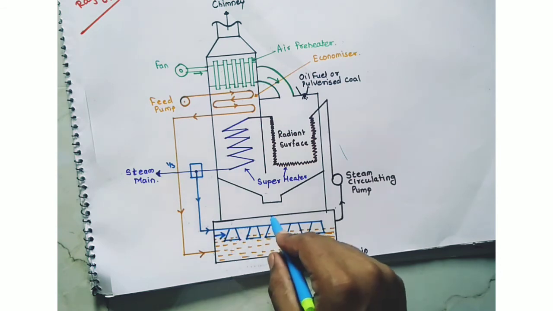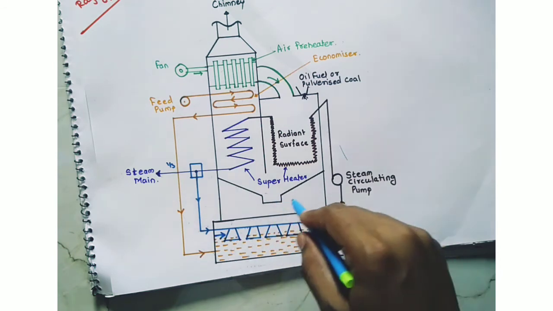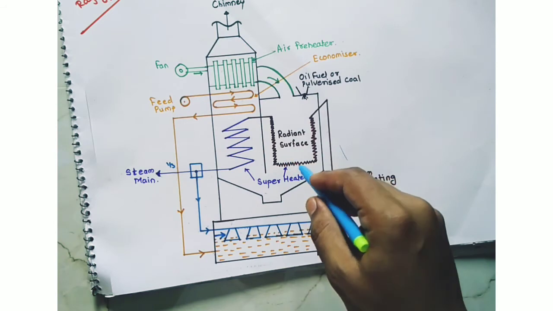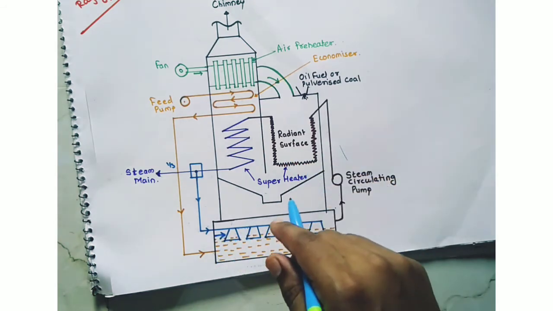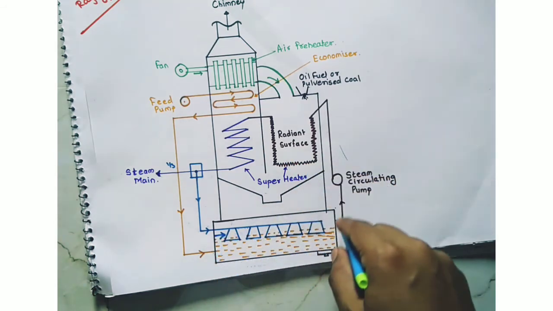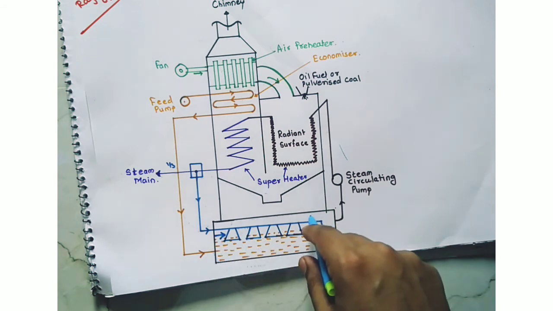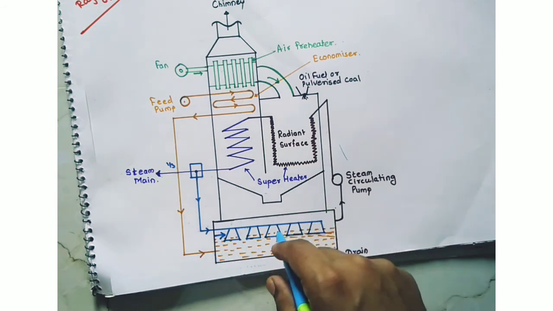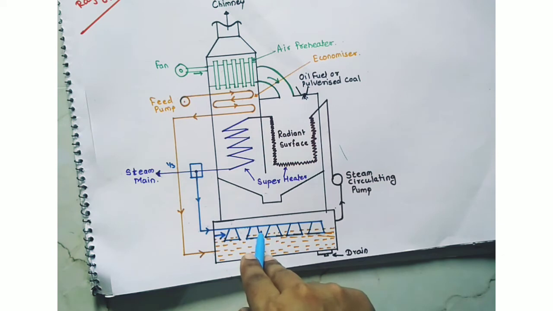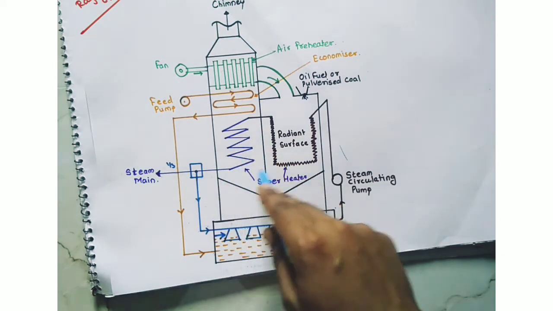Therefore, the problem of salt deposits in the evaporating drum is resolved, because steam is generated outside the evaporative tubes.